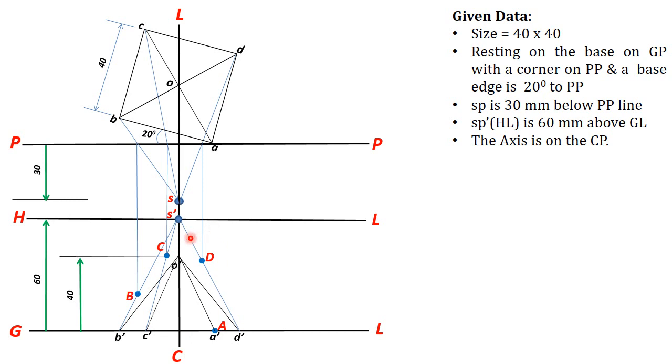Now we need to find the perspective point of O. In this problem, the visual ray connecting O in front view and also in top view will be perpendicular to PP. So you have an intercept here, but you can't find the corresponding perspective point on the line S dash O dash.